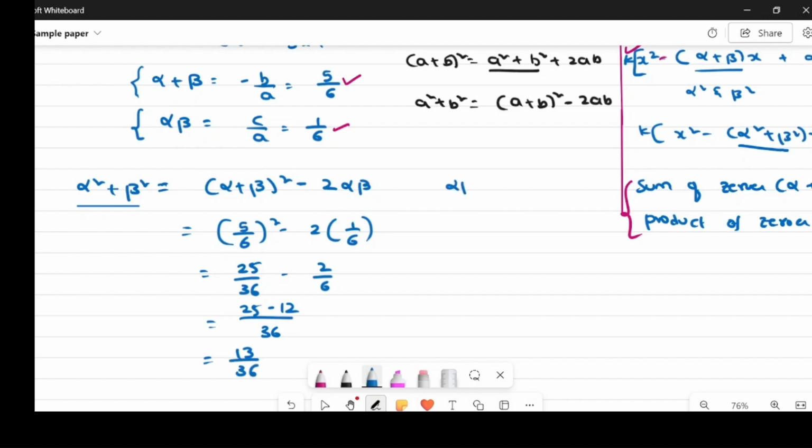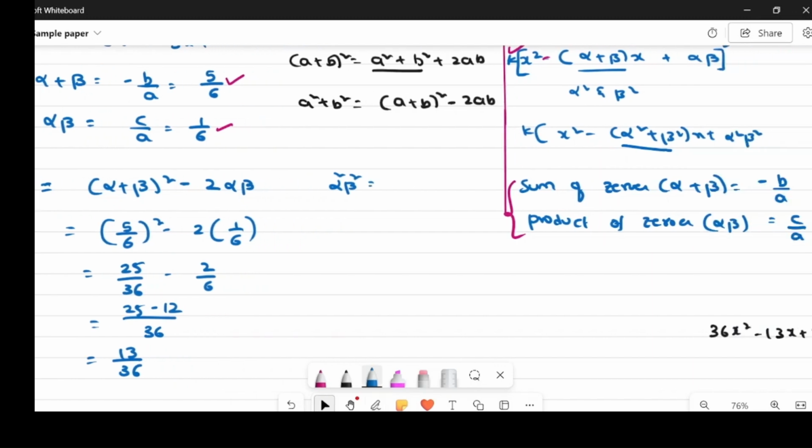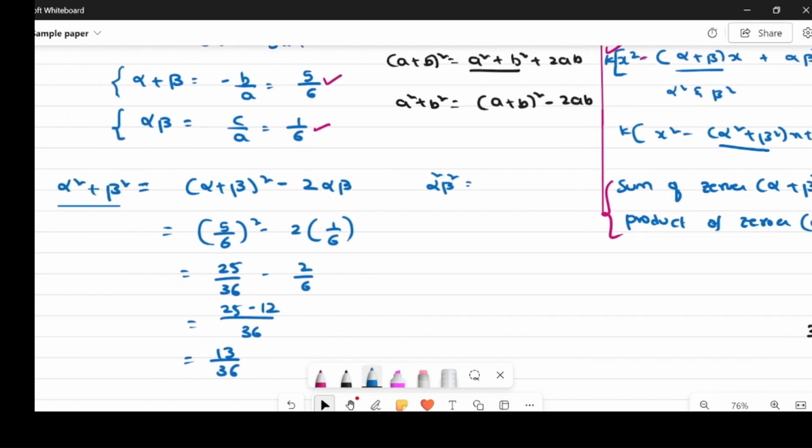Then alpha square beta square also we need, because we need to write the polynomial as x square minus of alpha square plus beta square into x plus alpha square beta square. So alpha square beta square can be written as alpha beta whole square. And we know alpha beta is 1 by 6, so 1 by 6 whole square, which is 1 by 36.